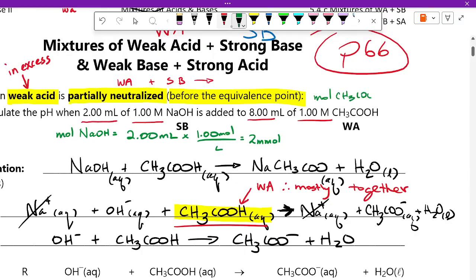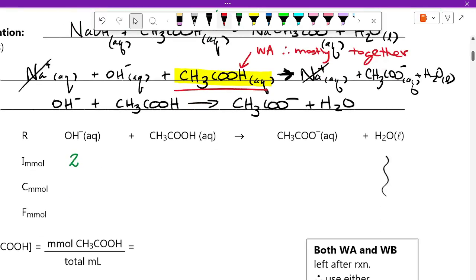CH3COOH equals 8 millimoles. Are we okay without showing all the work out perfectly? Okay, so we have 8 millimoles here. And this is a 1 to 1 to 1. And how much CH3COO minus do we have to start with? 0. Okay, and the water we don't care about.